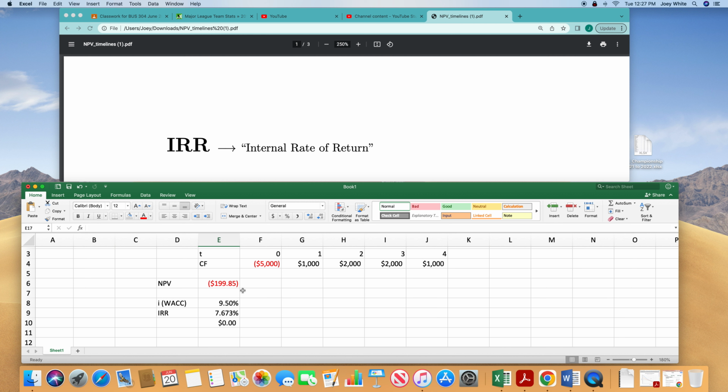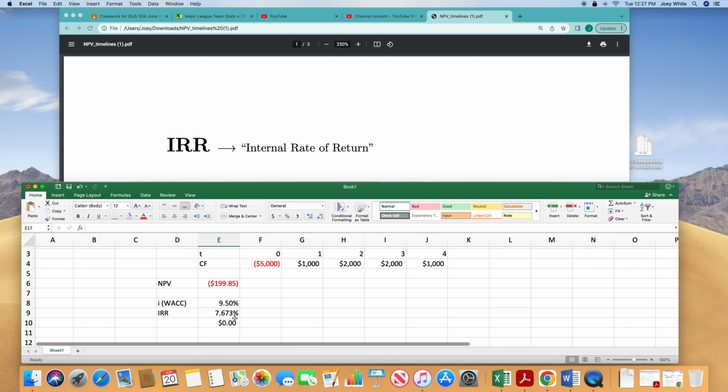So what you'll notice here is that in this YouTuber example, he would be better off if he just put his $5,000 into the bond fund, earning 9.5%, because if he did this YouTuber project, he would only earn an annual rate of return of 7.673%, right?